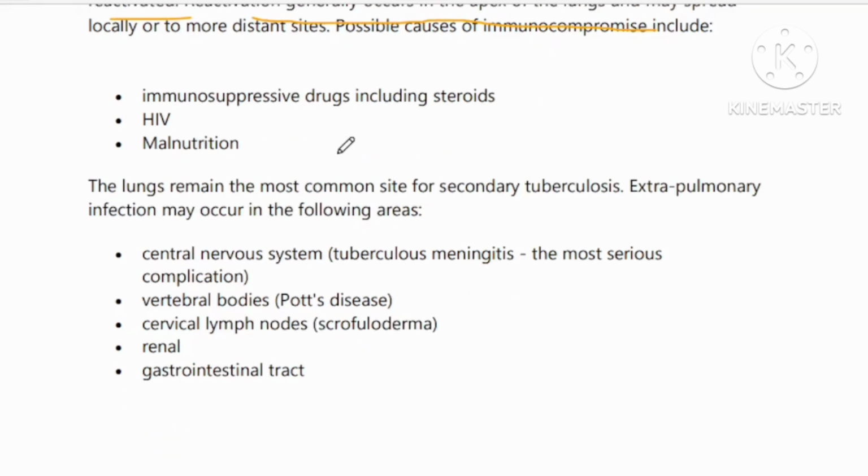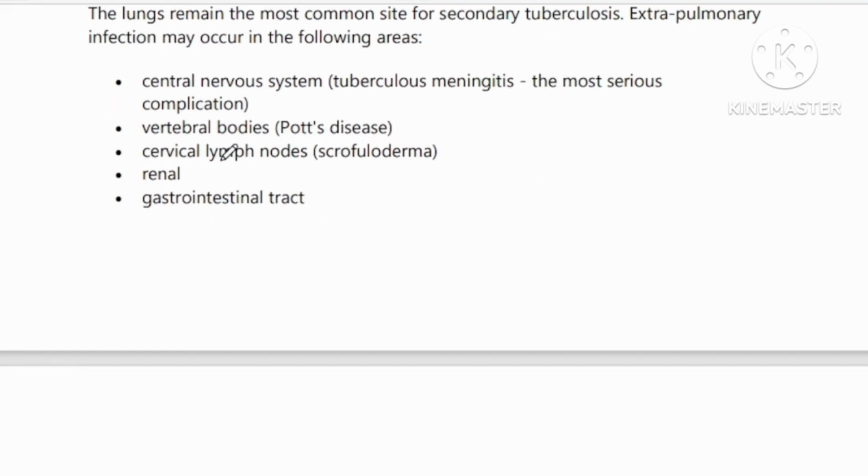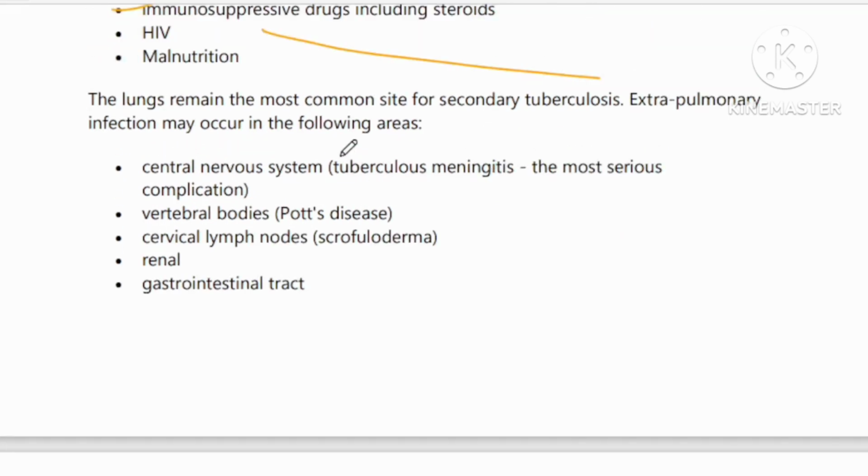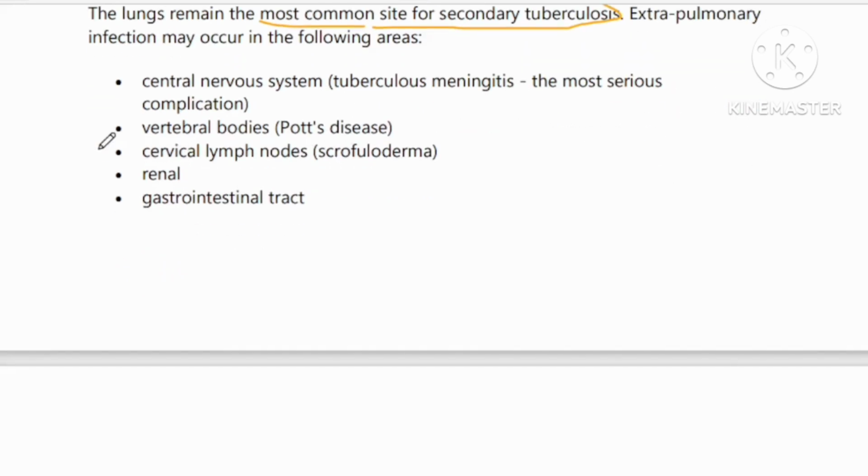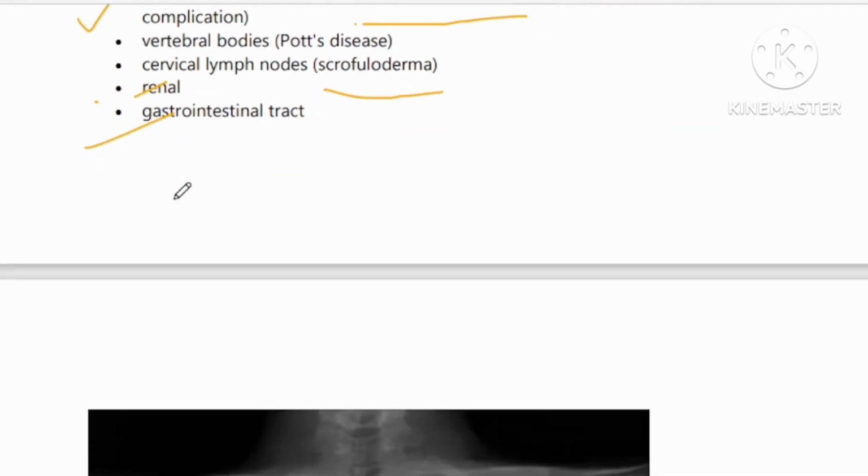Possible causes of immunocompromise include immunosuppressive drugs including steroids, HIV, or malnutrition. The lungs are the most common site for secondary tuberculosis. Extrapulmonary infection occurs in certain areas. In the CNS it causes tuberculous meningitis, the most serious complication. Others are vertebral bodies, like Pott's disease, cervical lymph nodes, known as scrofuloderma, and the renal or GI tract.